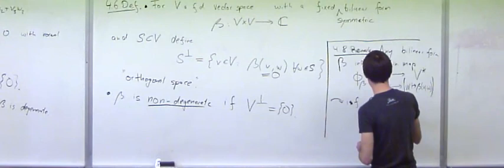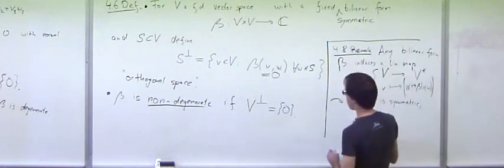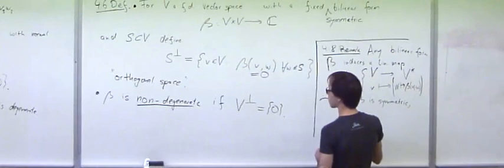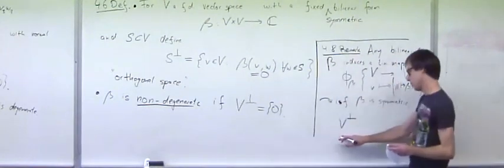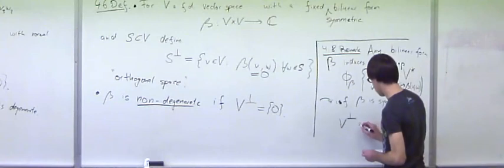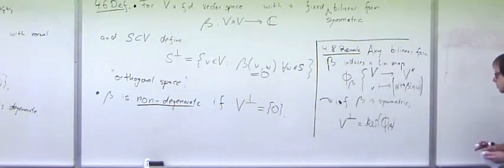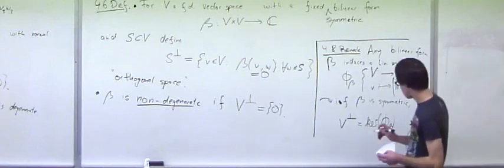So if beta is symmetric, then we have defined V orthogonal, the space of vectors orthogonal to all vectors, and this is just the kernel of this map phi beta, and this property of being non-degenerate just translates as phi beta being an isomorphism.